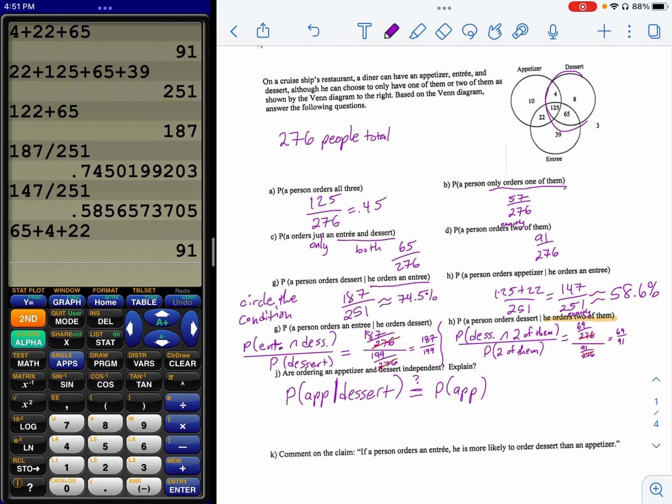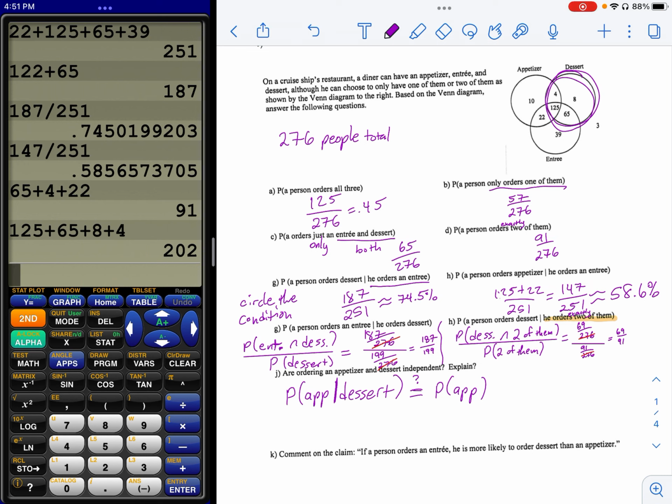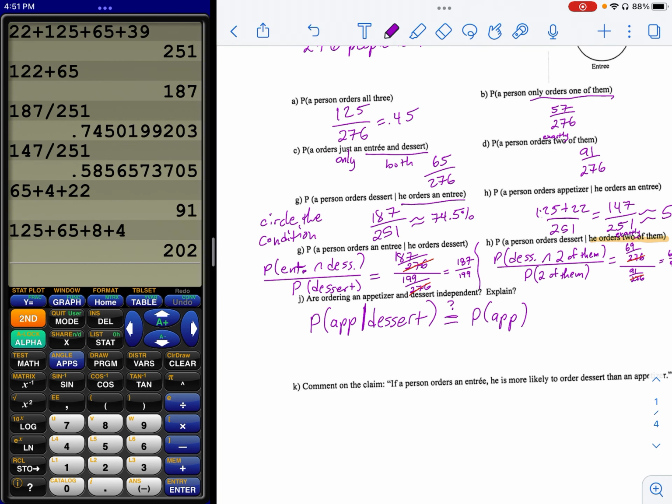So here's dessert. How many folks are in that dessert circle? I don't know if I've added that up yet, so I'll do that. 125 plus 65 plus 8 plus 4. 202. All right, so my denominator is 202.